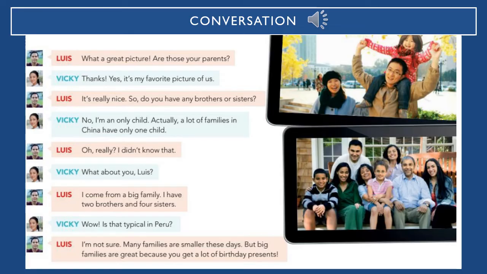I didn't know that. What about you, Luis? I come from a big family. I have 2 brothers and 4 sisters. Wow, is that typical in Peru? I'm not sure. Many families are smaller these days, but big families are great because you get a lot of birthday presents.